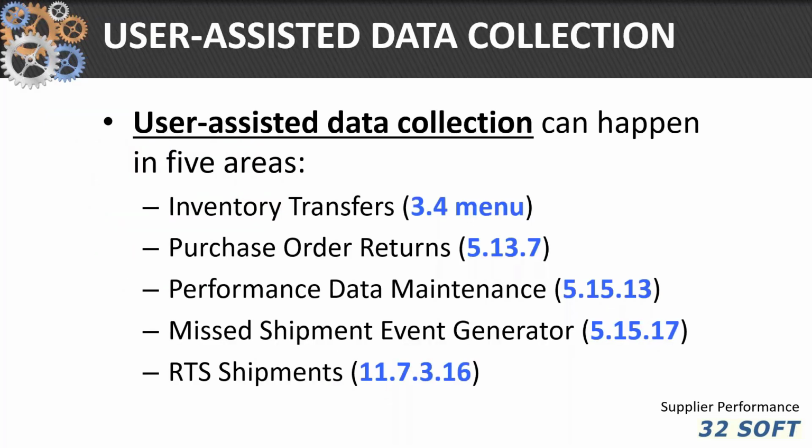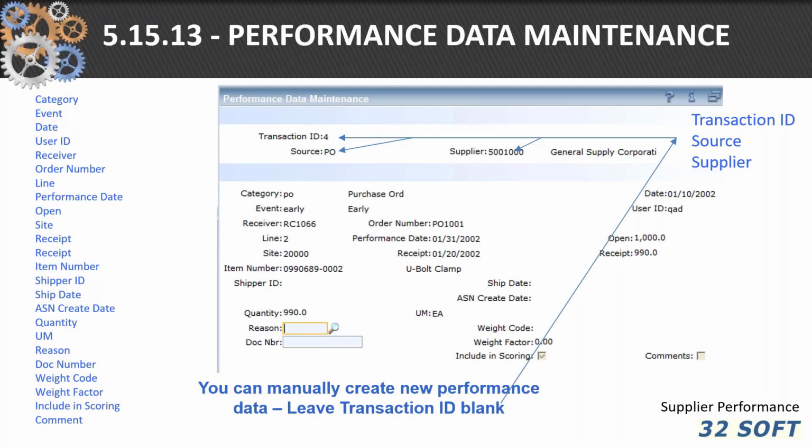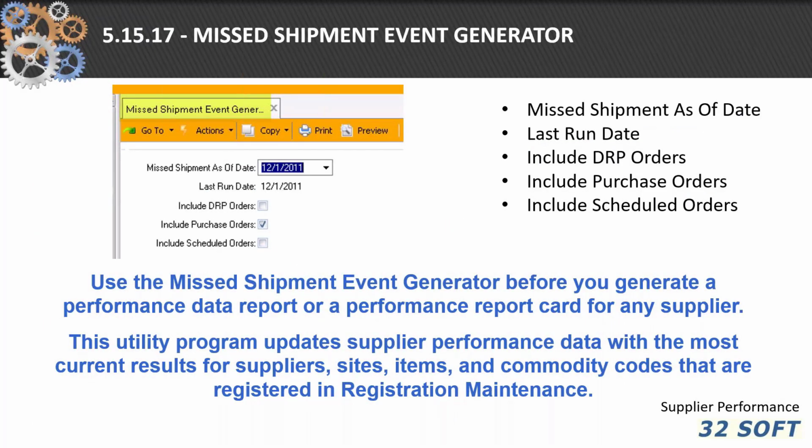You can do user-assisted data collection for the 3.4 menus, for purchase order returns, for performance data maintenance. You can use the missed shipment events generator. So there's user-assisted data collection. There's where you define your data types in 5.13.5.